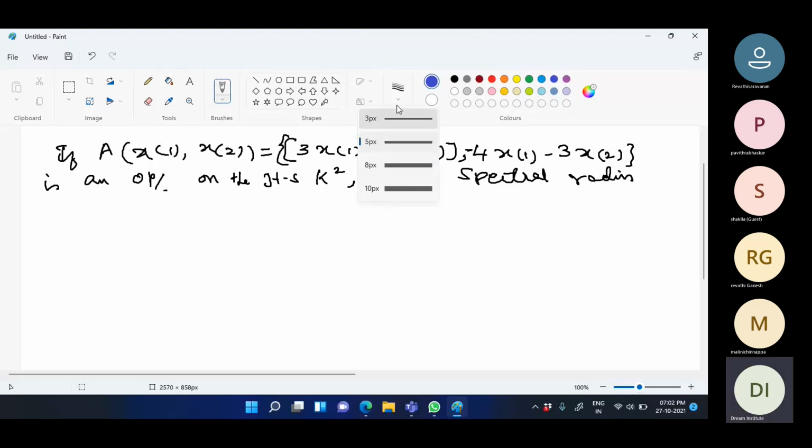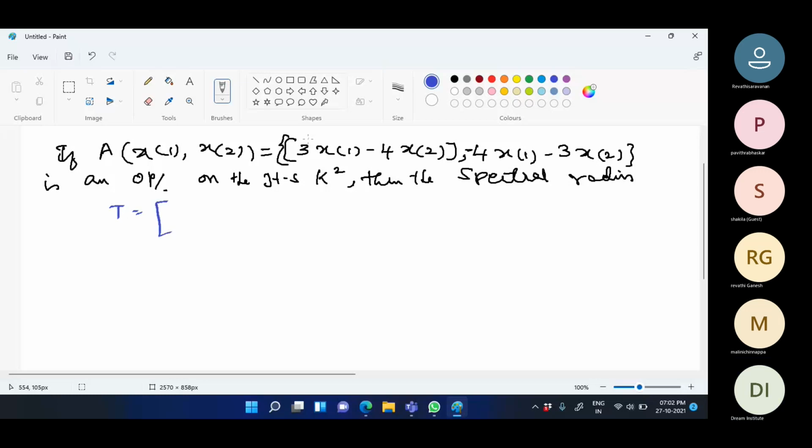So first of all, we have to write it in matrix form. So here T is a matrix: the first element is 3, then minus 4, then minus 4 and minus 3.